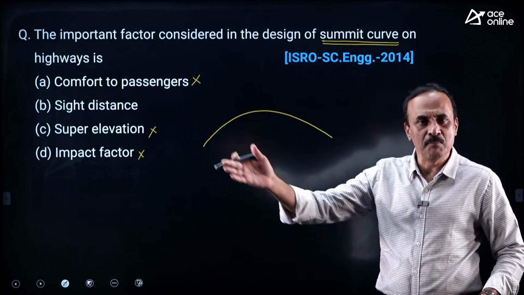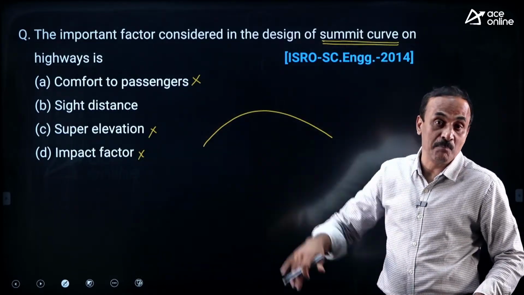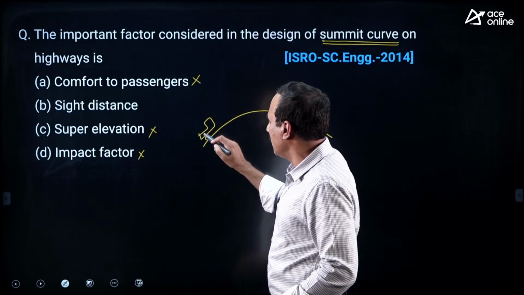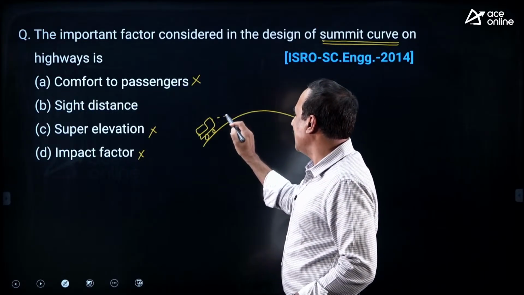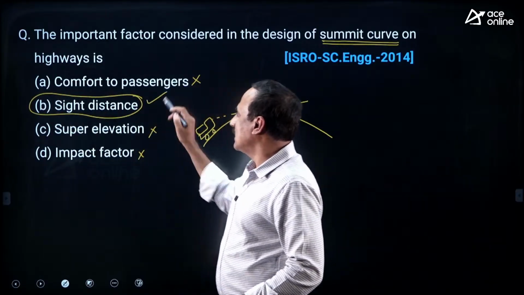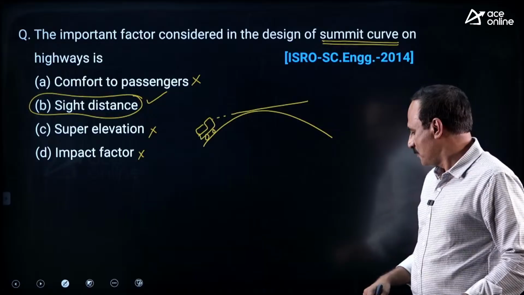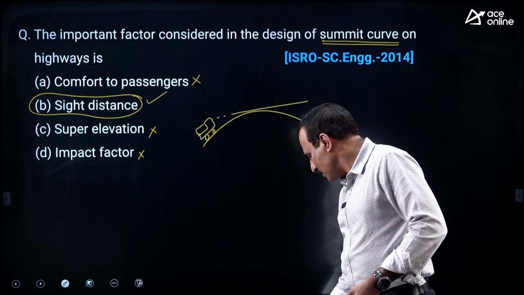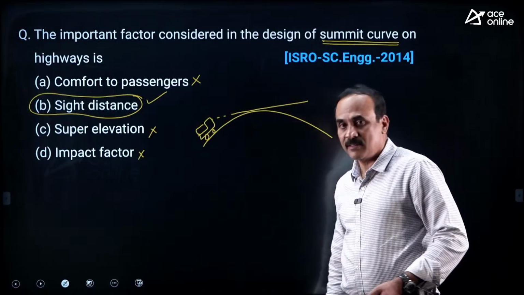On horizontal curves and on valley curves we need impact factor. The main problem of a summit curve is visibility. If you are moving on a road, the intervening ground will cause a problem of vision. So sight distance is an important factor. By process of elimination, you can give it. Very nice.